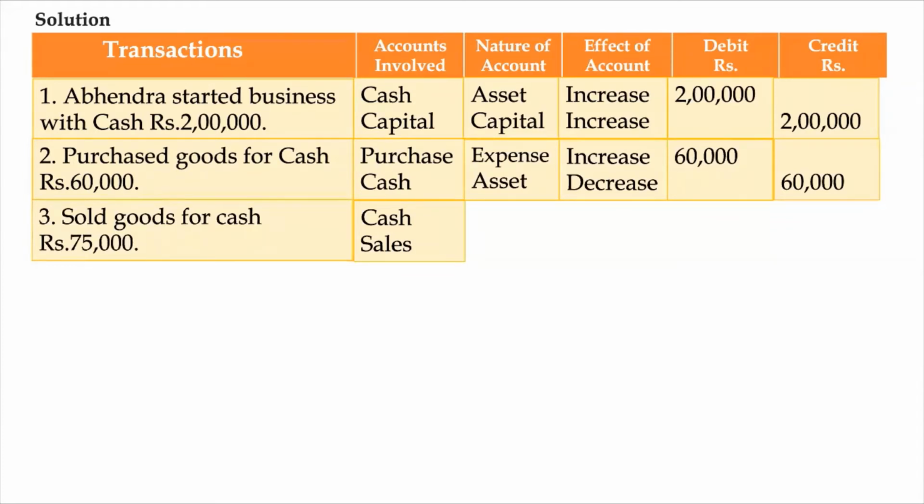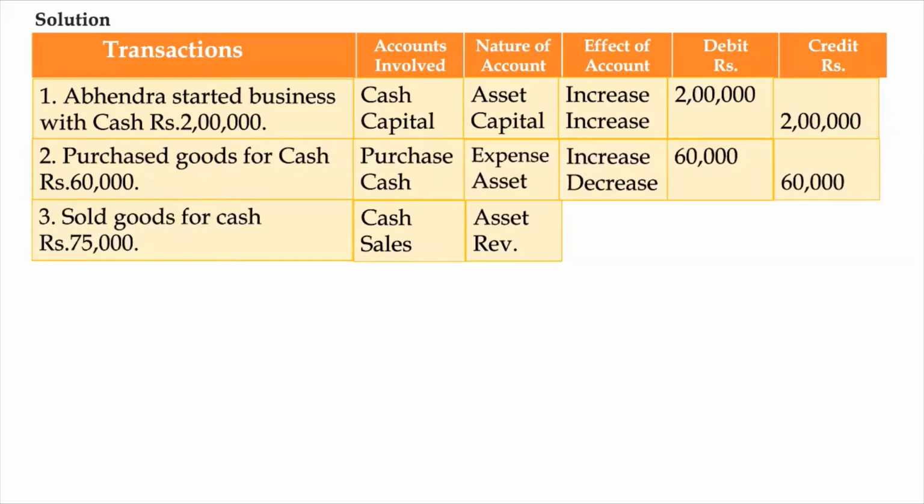Okay, and you are earning some money. So cash and sales. In this transaction, cash is what? Cash is asset and sales is what? It is revenue, because you are earning revenue, you are earning some money, income. So asset and revenue are the natures.